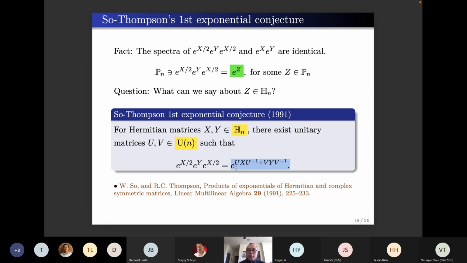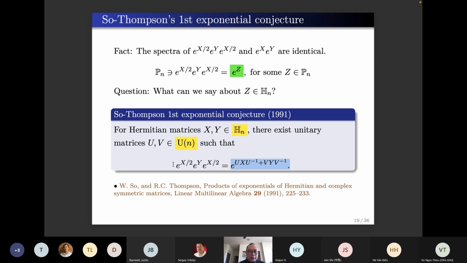And UXU inverse plus VYV inverse can be interpreted as the sum of two elements in the orbits of X and Y under the action of the unitary group through conjugation. It's a long statement, but anyway, this is how to interpret the formula.